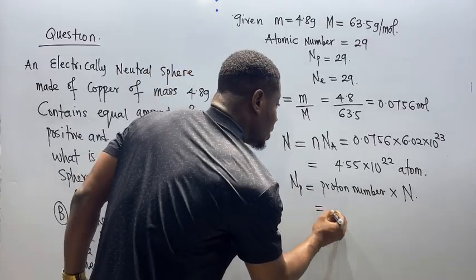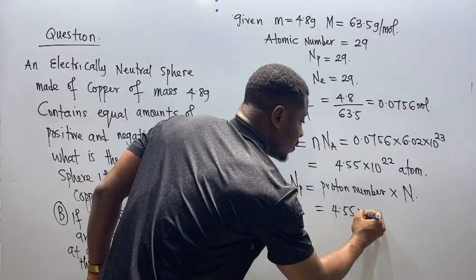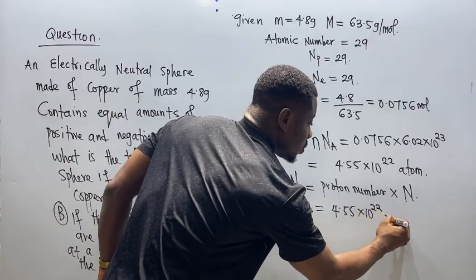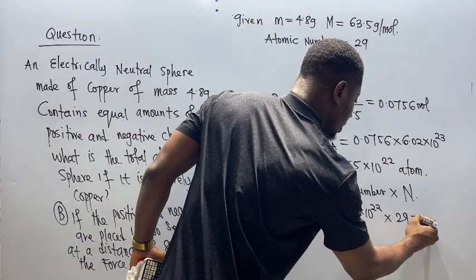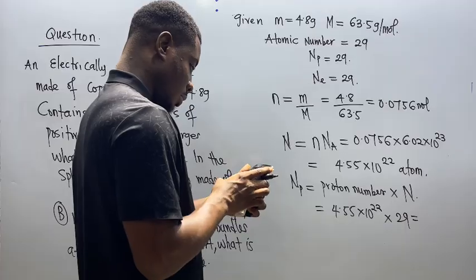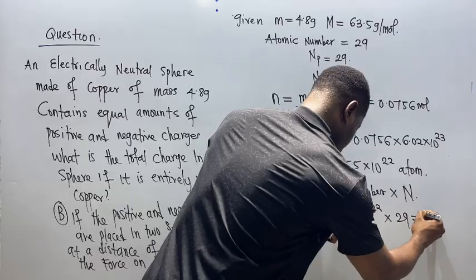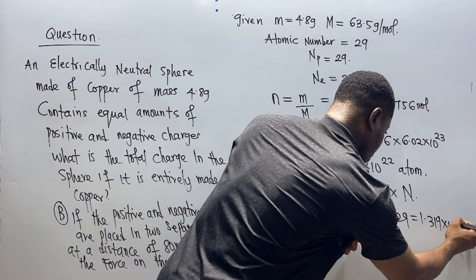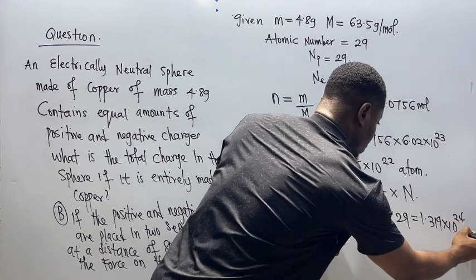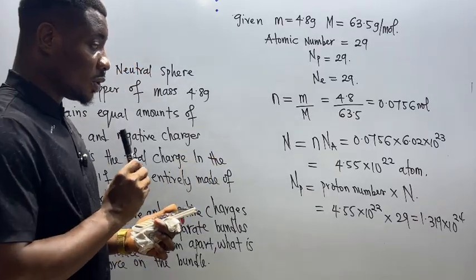The proton number is 29, so it becomes 4.55 times 10 to the power 22 multiplied by 29. That gives us 1.319 times 10 to the power 24 protons. This is the number of protons that we have.